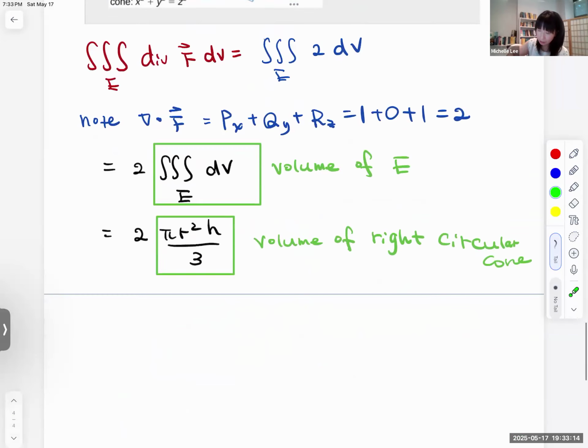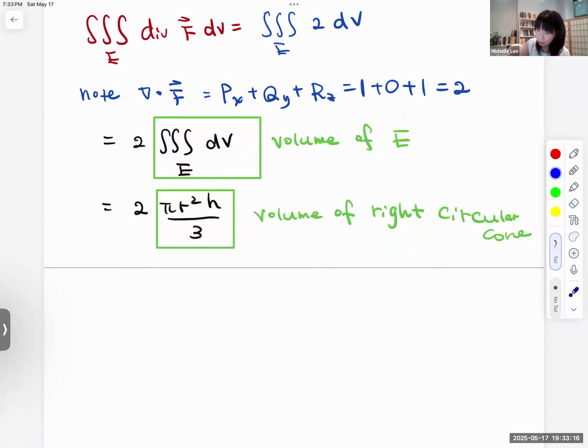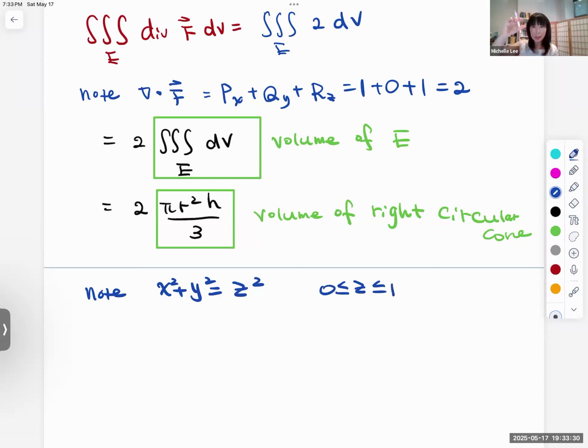So z is this length, so we say the height h equals 1.